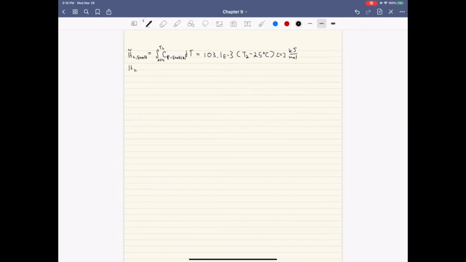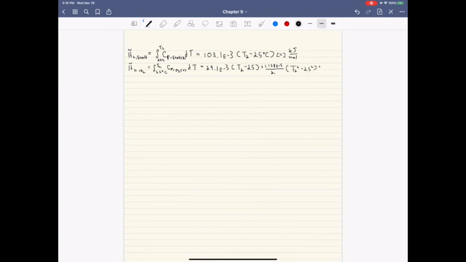Let's now go to the oxygen. Its molar enthalpy is going to be the same sort of thing. We're integrating its heat capacity from 25 to T2. But this one has a few more terms in its polynomial. Right? And so we get a bit of a longer equation after we integrate. Okay? 158 e to the negative 5 divided by 2, we got T2 squared minus 25 squared.